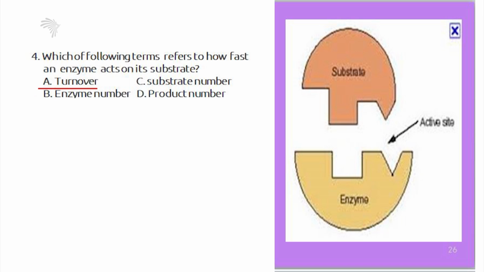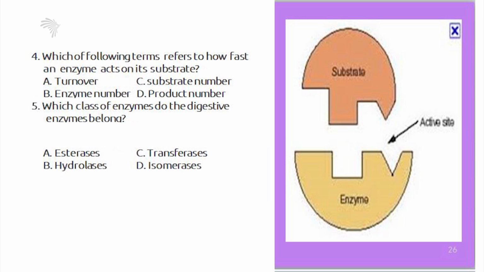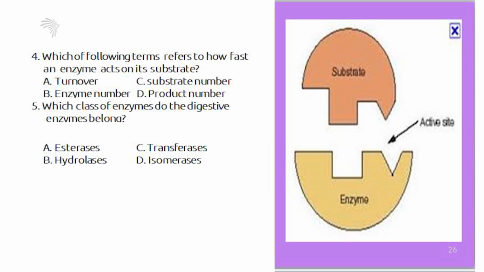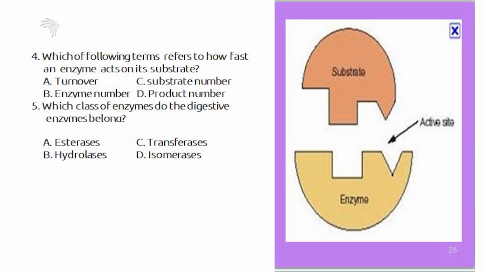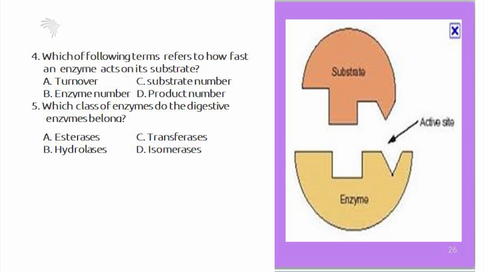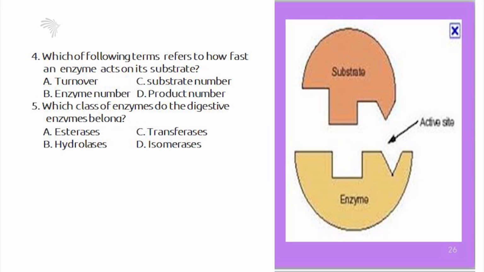The last question in this part of the lesson, question number 5: Which class of enzyme do the digestive enzymes belong to? A. Esterases, B. Hydrolases, C. Transferases, D. Isomerases. If your answer is B, hydrolases, you're correct.